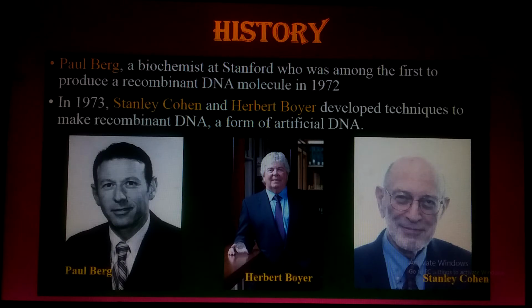Paul Berg, a biochemist at Stanford, was among the first to produce a recombinant DNA molecule in 1972. Later on, Stanley and Boyer developed techniques to make recombinant DNA, a form of artificial DNA. Is it clear?